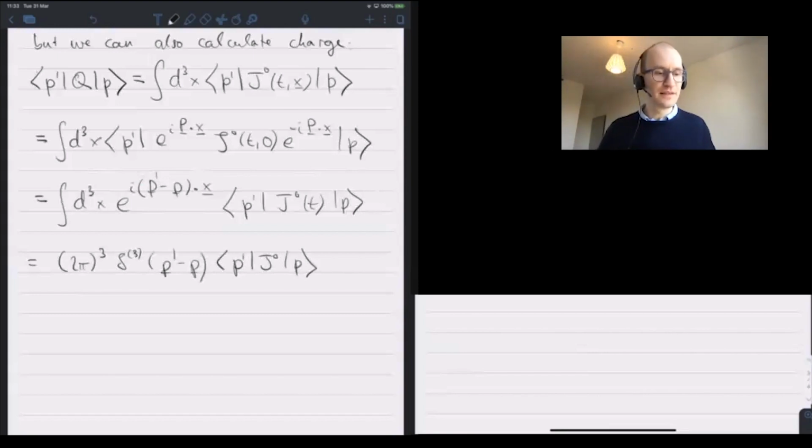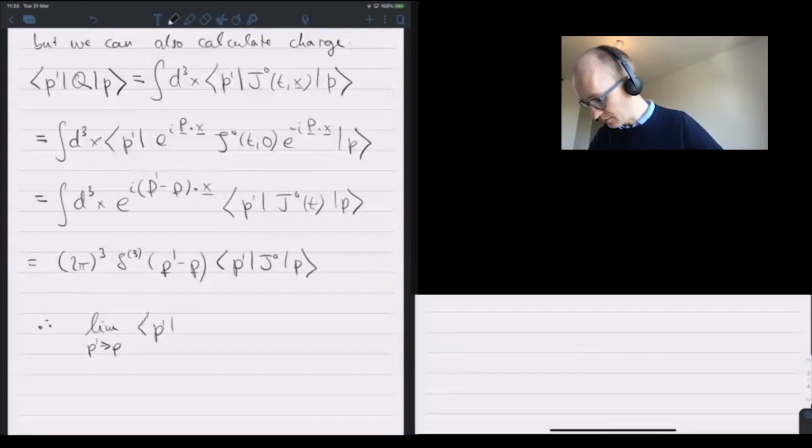So evidently, we conclude from this that in the limit that the p primed approaches p, the matrix element p primed j0 p is equal to q, the charge, over 2 pi cubed.